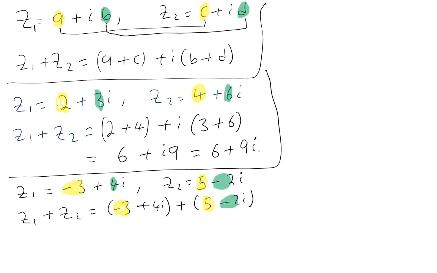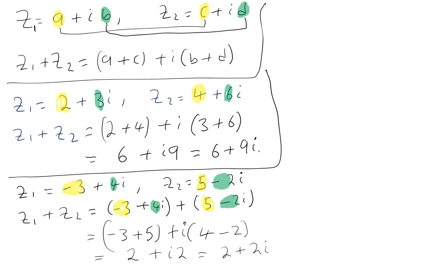Then we add the real parts first, minus 3 plus 5, plus, here we have 4, we add it with minus 2, so it will be 4 minus 2, and we have i here. Minus 3 plus 5 will give us 2, plus 4 minus 2 will give us 2, so i2, and this can be written as 2 plus 2i.